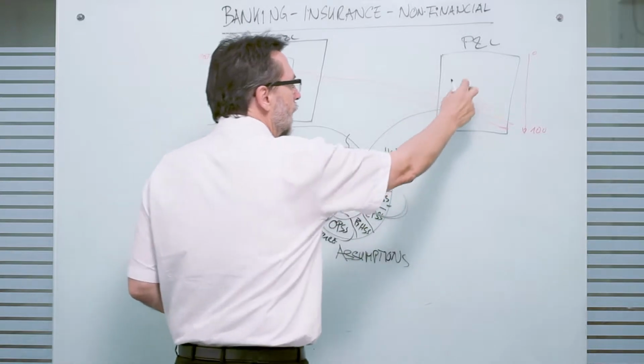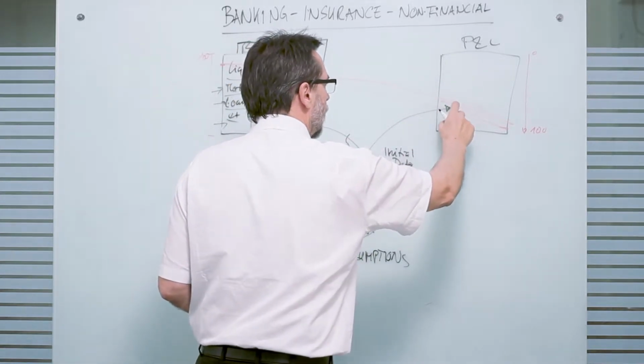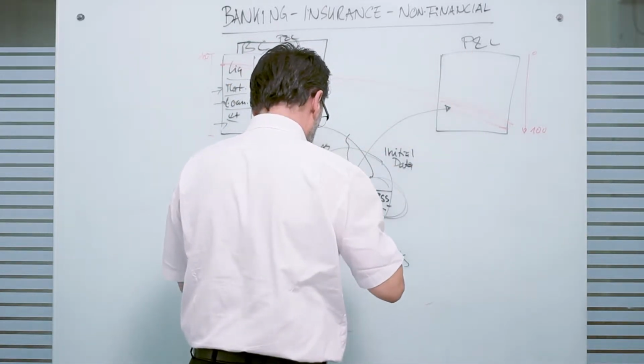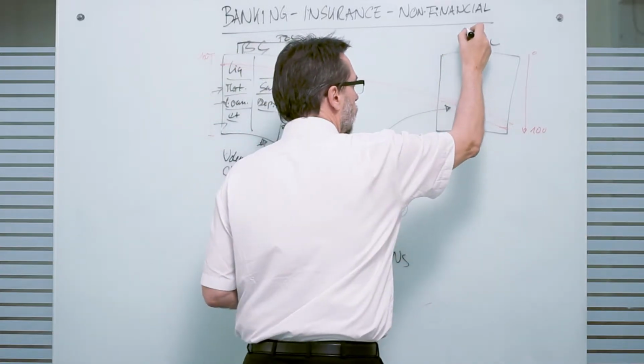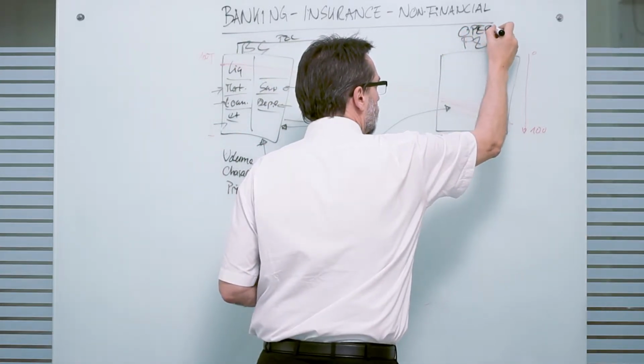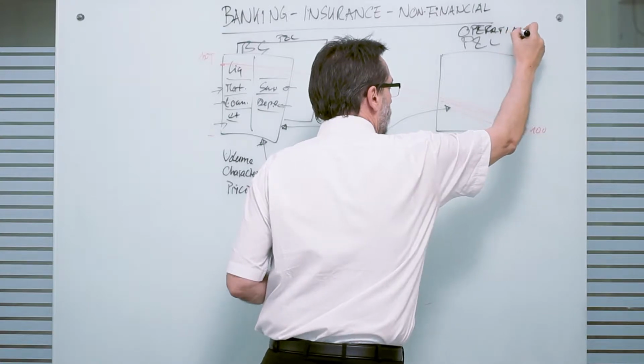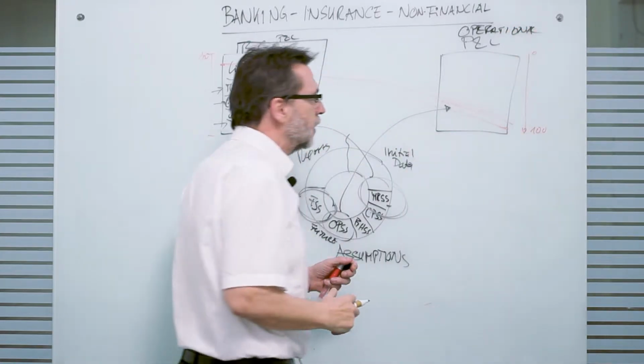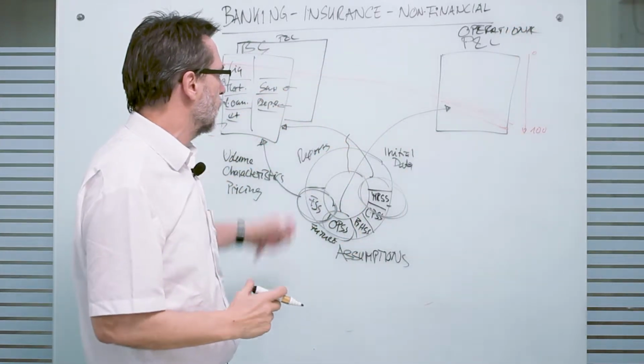We said we do little on that part of the P&L. This is the operational P&L. Maybe we should call it the operational. So that's the P&L which is not directly derived from the balance sheet.